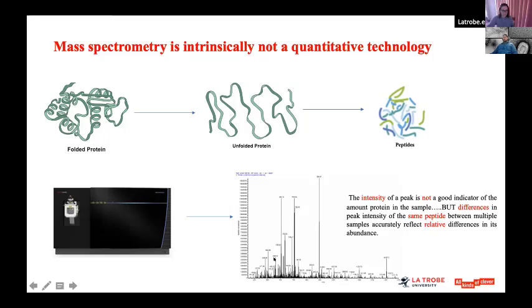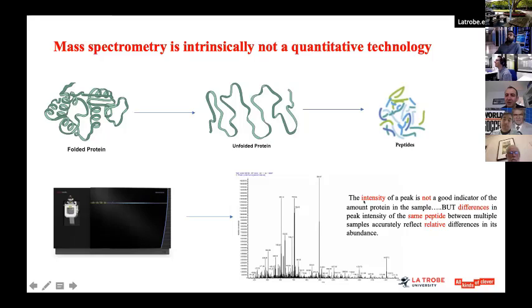So understand that you cannot use the intensity of the peak coming from the peptides as a good indicator of the amount of protein in the sample. All those peptides come from the same protein, and they all have different intensities.